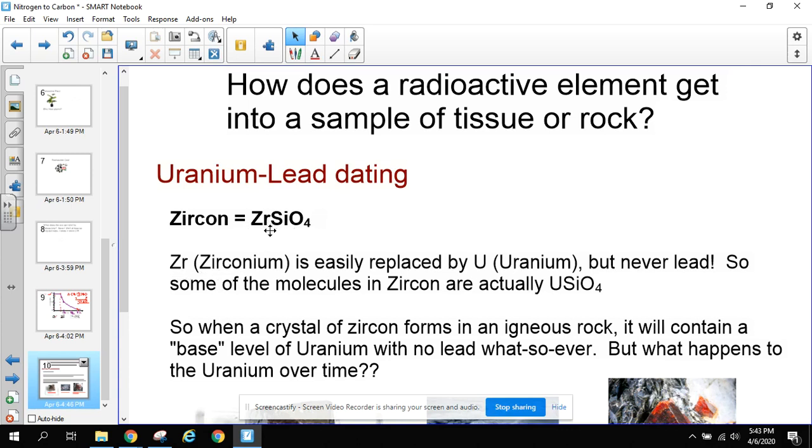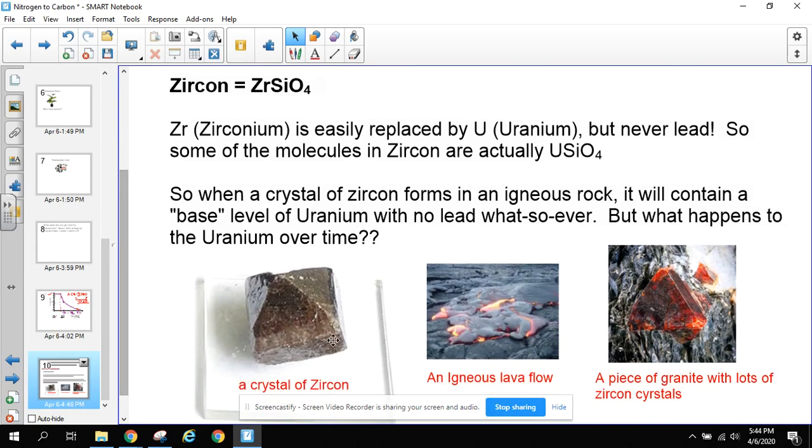That's the element. And when igneous rocks are cooling off, sometimes that ZR gets replaced by uranium. It does not ever get replaced by lead, Pb, which is what uranium eventually turns into. So we can take a crystal of zircon, crush it up, and count how many uranium atoms are in it compared to how many lead atoms.